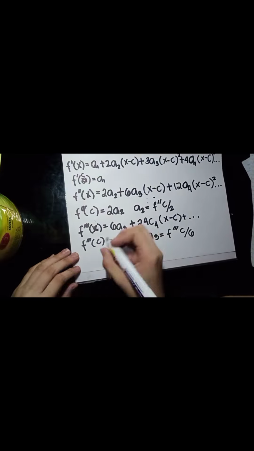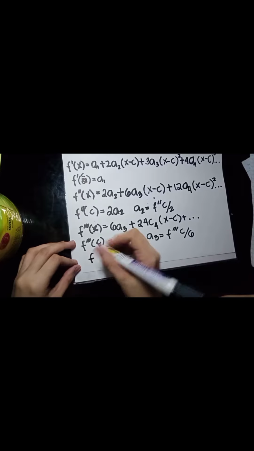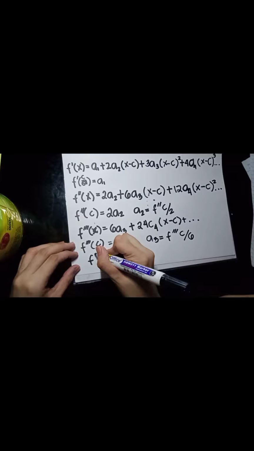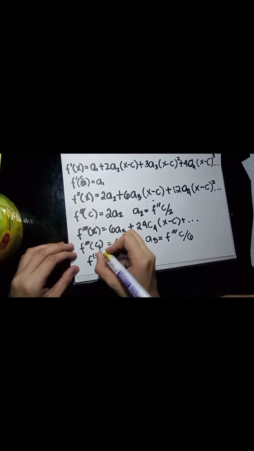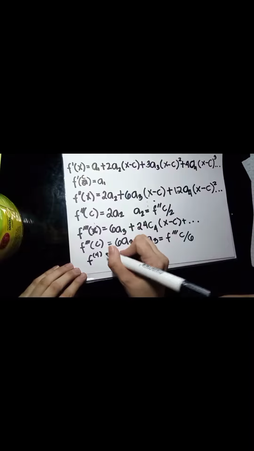So inputting c into the fourth derivative of f will give us f four prime of c is equal to 24 A4.